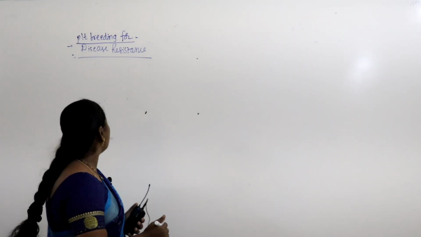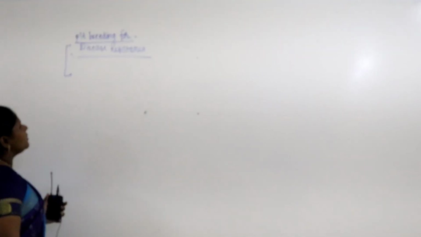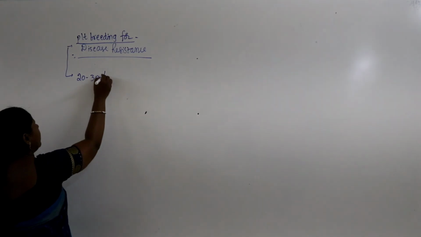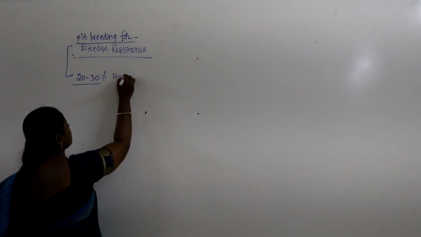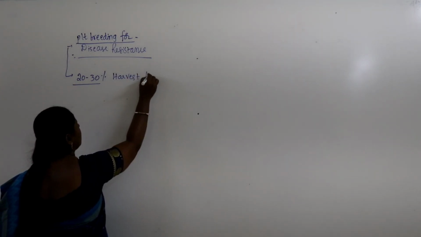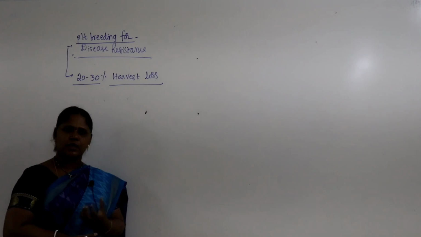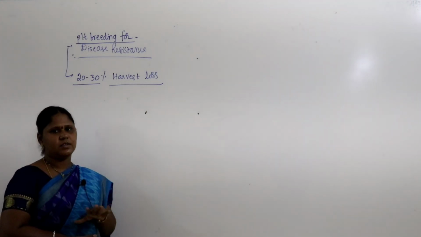Let us continue here. If you take disease resistance, generally 20 to 30% of harvest loss occurs for the farmers, either before harvesting or after harvesting.